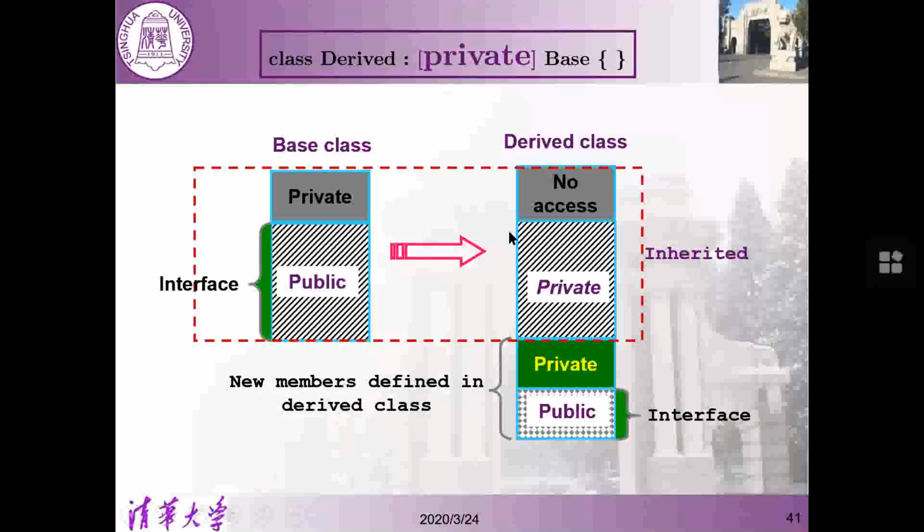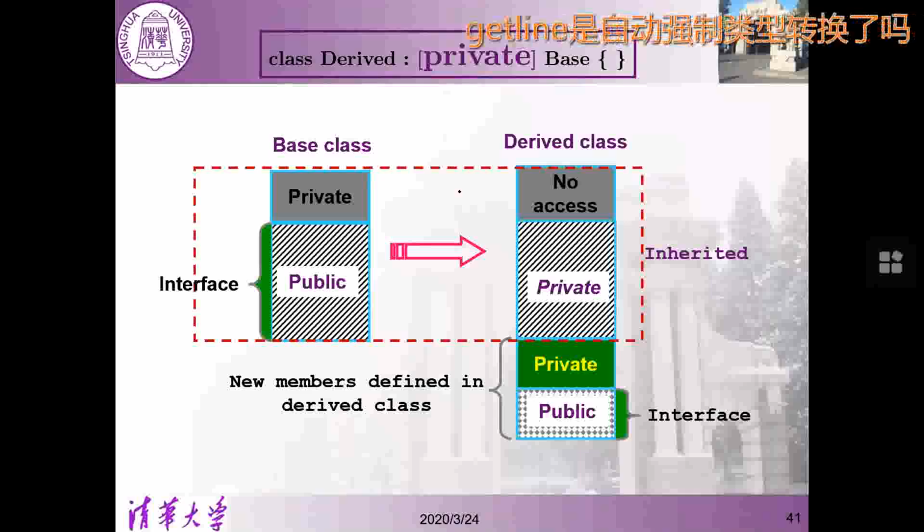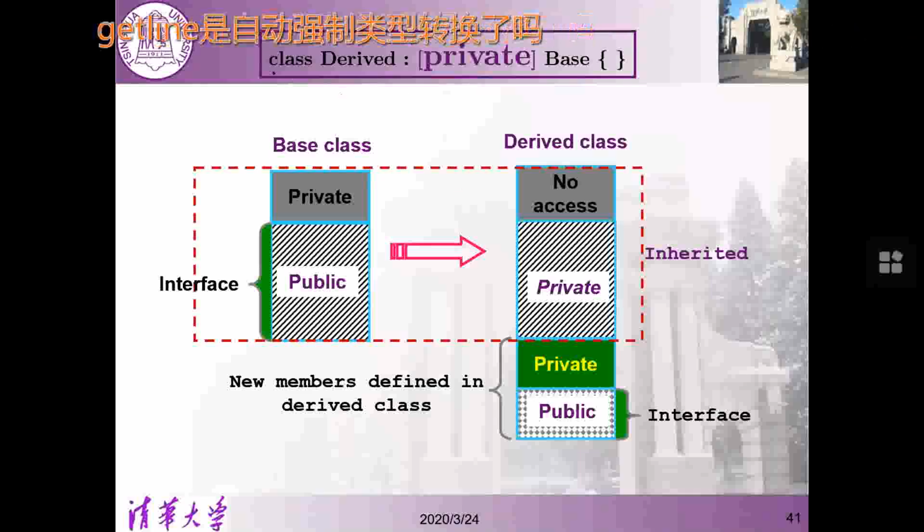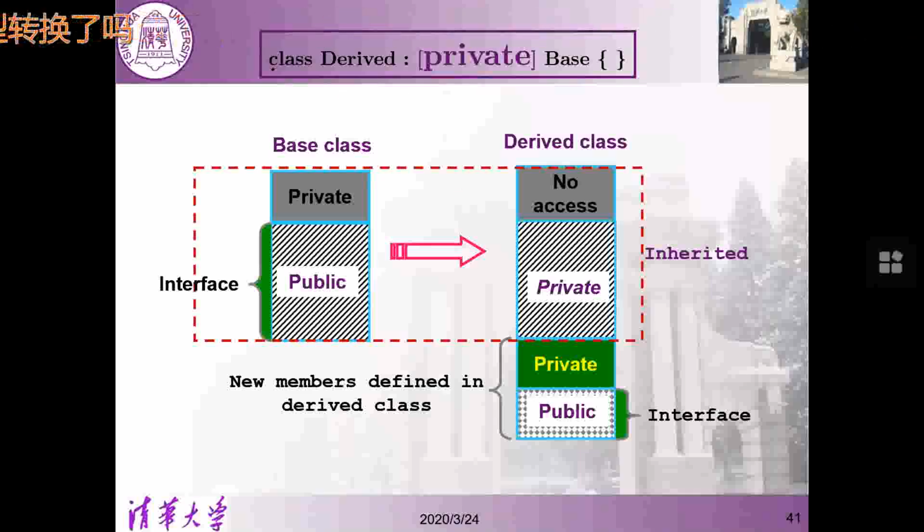So this is public inheritance, and then we learned something about private inheritance. For private inheritance, we still inherit. This is for getLine. Actually, we will do some upcasting.